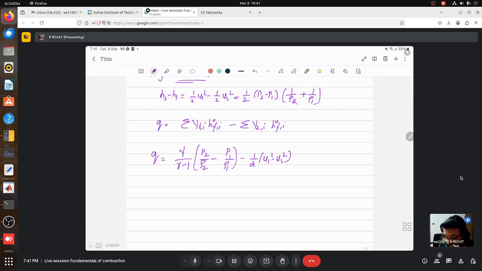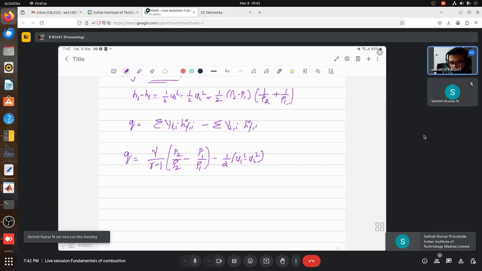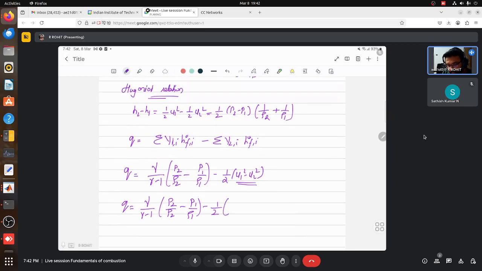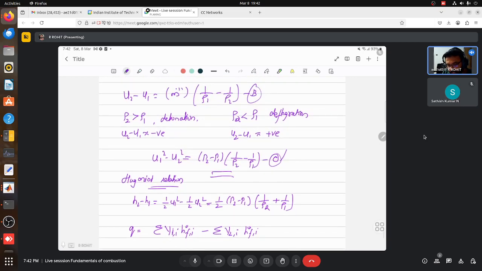Now using this equation, you can change this U1 square minus U2 square into the Rankine-Hugoniot equation form, which is gamma by gamma minus 1 into P2 by rho 2 minus P1 by rho 1 minus half into U1 square minus U2 square, which we have converted here.